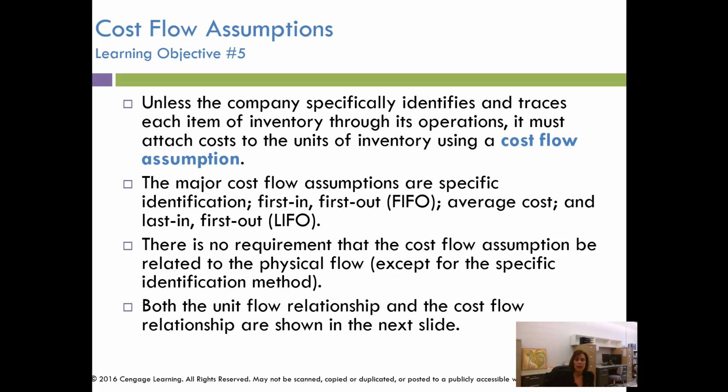To the extent that the items are similar and fairly generic, whether something got delivered in our warehouse yesterday and looks exactly like what got delivered last week, we're not going to split hairs over which one the customer pulled off the shelf and decided to purchase. However, the cost associated with that item will depend on which one of the valuation methods that we choose.